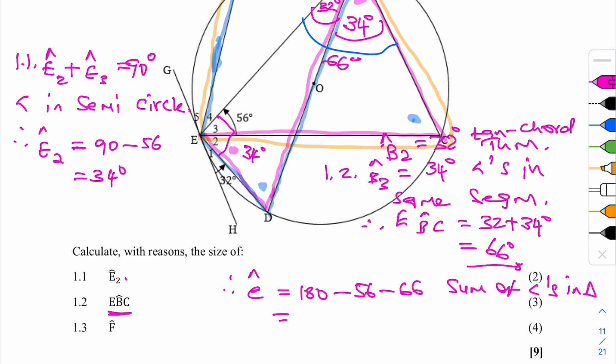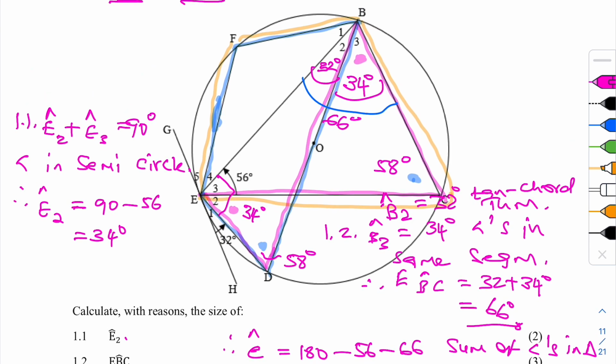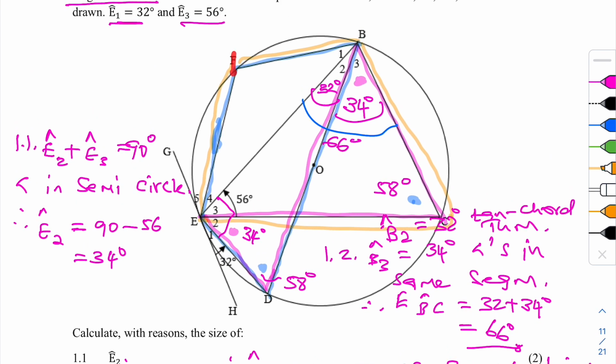Okay, so now 180 minus 56 minus 66, that gives us 58 degrees. So this is 58 degrees, meaning angle D is also 58 degrees. Therefore, angle F using this cyclic quadrilateral is going to be 180 minus 58 degrees.